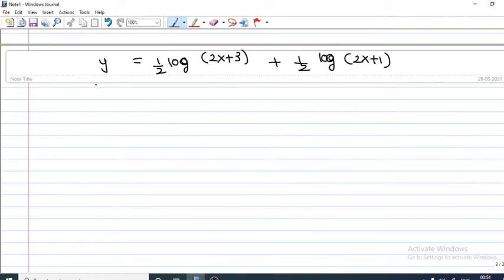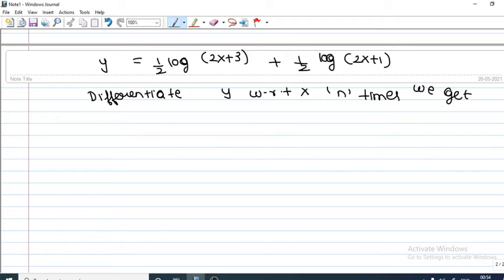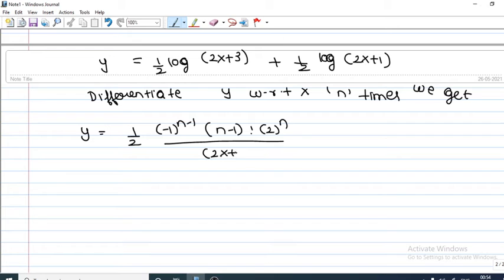Now here we can apply the nth derivative formula. Differentiating y with respect to x n times, what we get here is 1 by 2 as it is, minus 1 power n minus 1, n minus 1 factorial into a, which is 2 power n, the whole upon 2x plus 3 the whole power n.